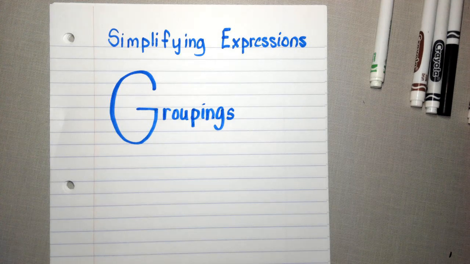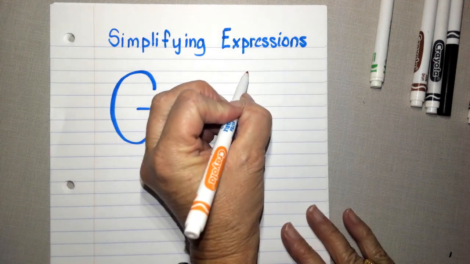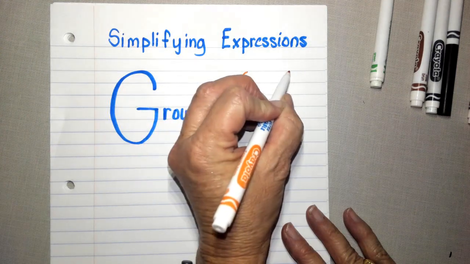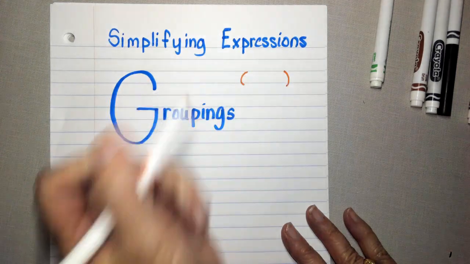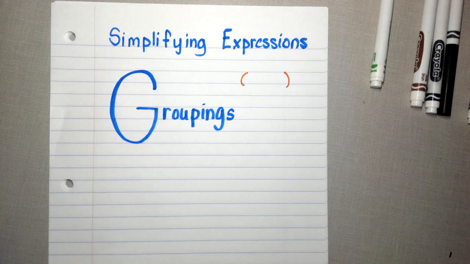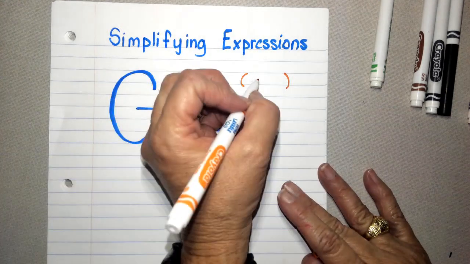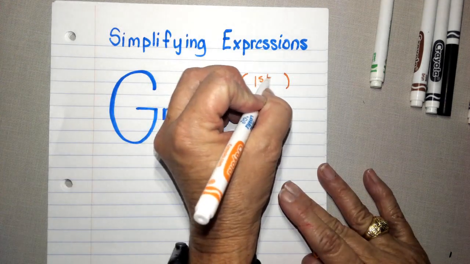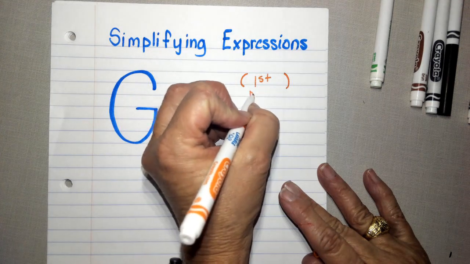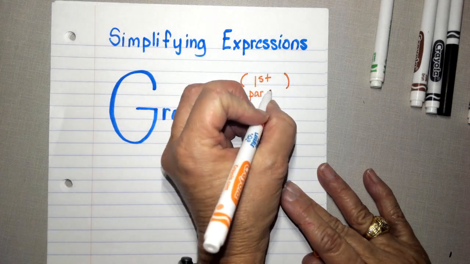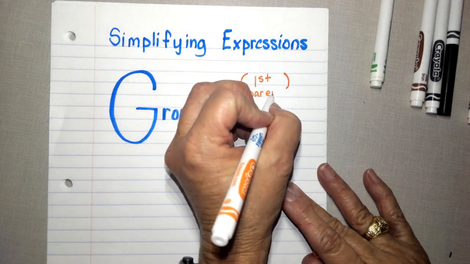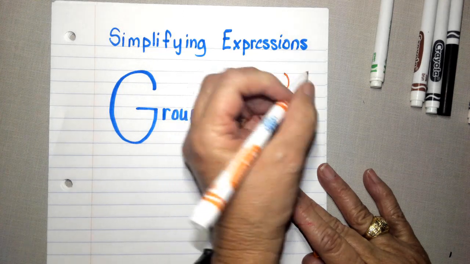The first one is one that you saw in the Super Sleuth Club cards. That would be the parentheses. And so the parentheses look like this. Okay, and we always want to solve these first. So our parentheses are the pieces that we solve first.